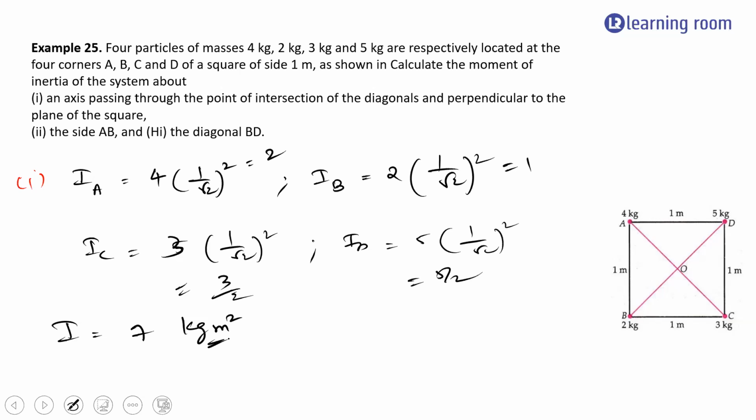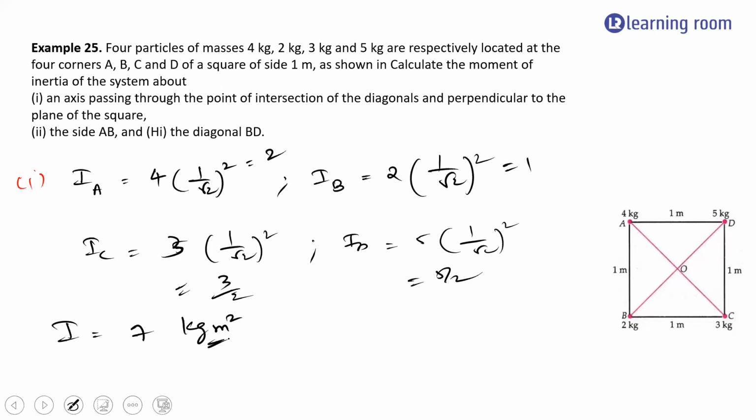Now, you need to find the moment of inertia about the side AB. So in this, revolving like this, if the square goes to the other side, if it is revolving in this way, then you need to find the moment of inertia about AB. How do I do that? For that, I need to know the moment of inertia about any of the axes.